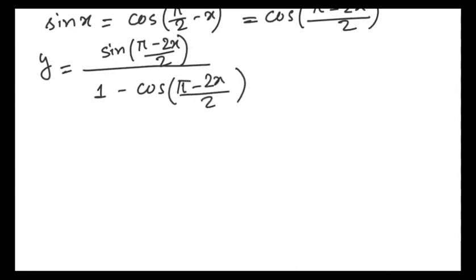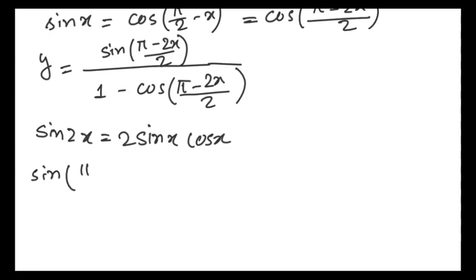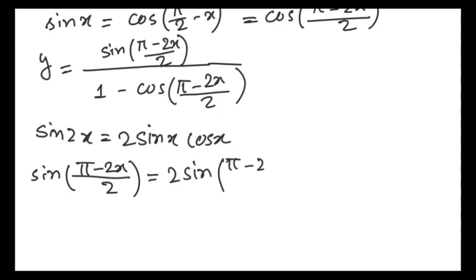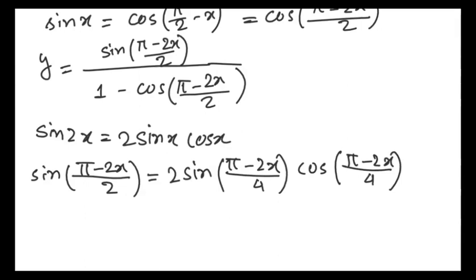Now we have a formula that sin 2x is equal to 2 sin x cos x. So in this formula our numerator sin of (pi minus 2x) by 2 becomes 2 sin of (pi minus 2x) by 4 into cos of (pi minus 2x) by 4. Also we have a formula that says 1 minus cos 2x is equal to 2 sin square x.